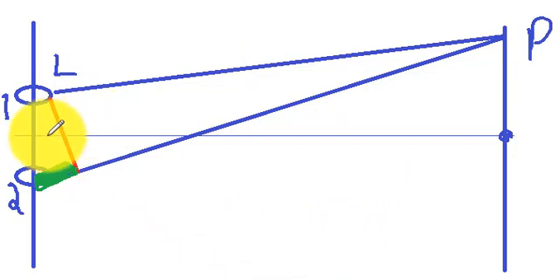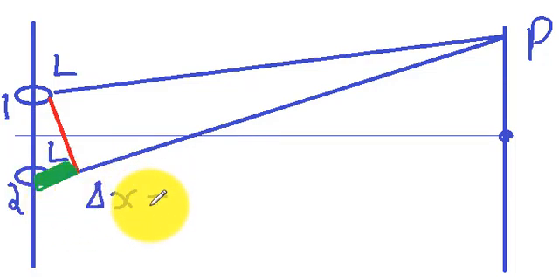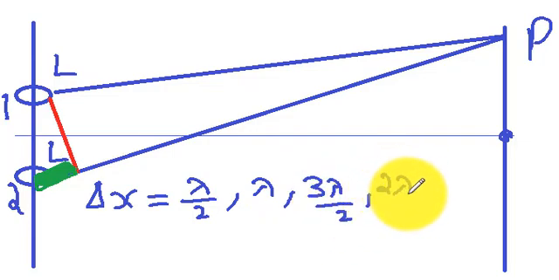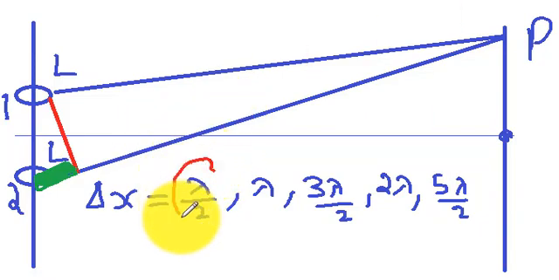Now I can simply ask you to work out the other thing. Assume that they always start with the left hand. If the difference is delta x. If the delta x is 1 step, 2 step, 3 step, 4 step, 5 step, what will happen? First case, lambda by 2.